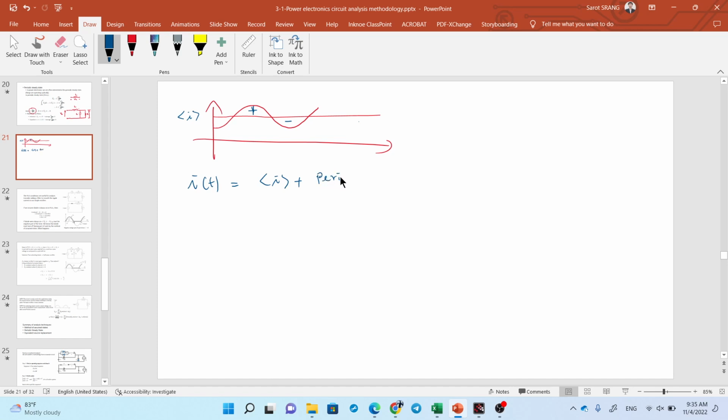Okay, periodic function of time. I mean, if I write down like this, then if I draw only the periodic function here, it would have an average value of 0, right?